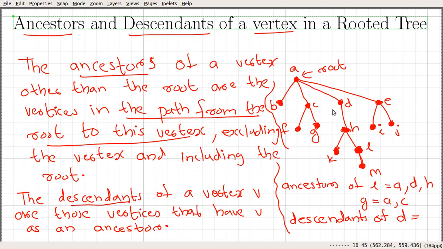So we can see that if you consider G, G doesn't have D as an ancestor. Similarly B doesn't have D as an ancestor. Similarly J doesn't have D as an ancestor.